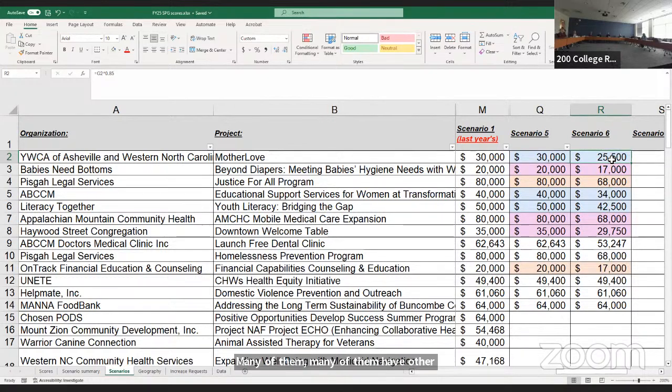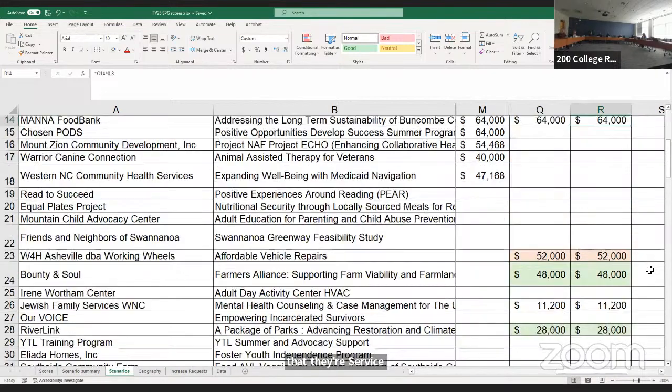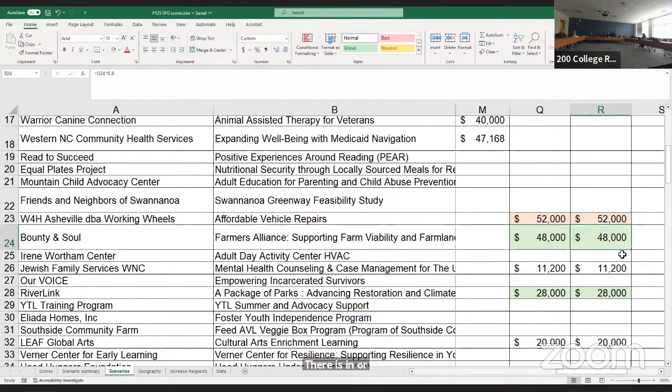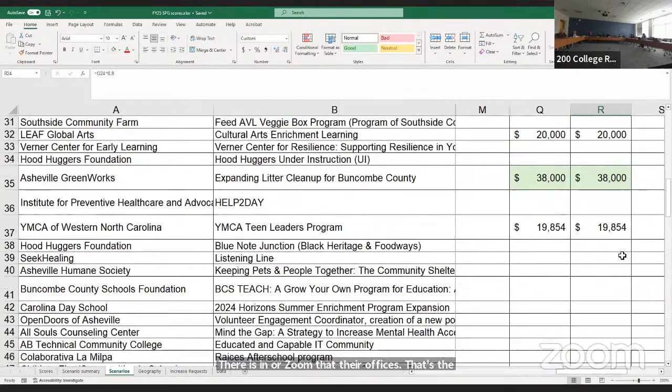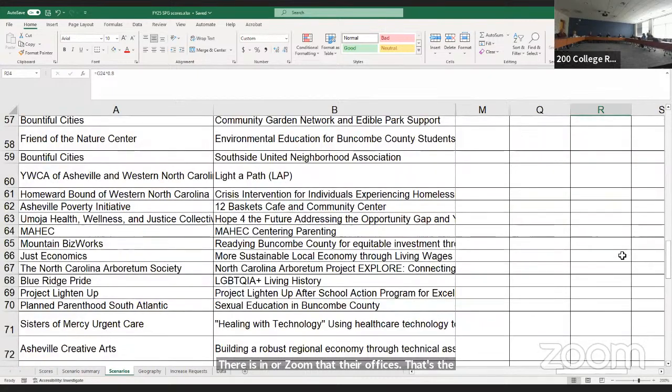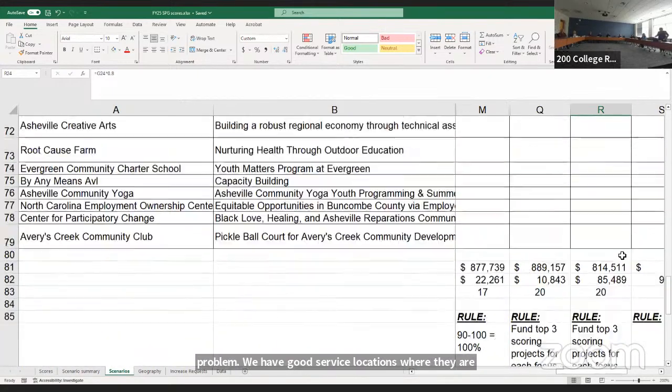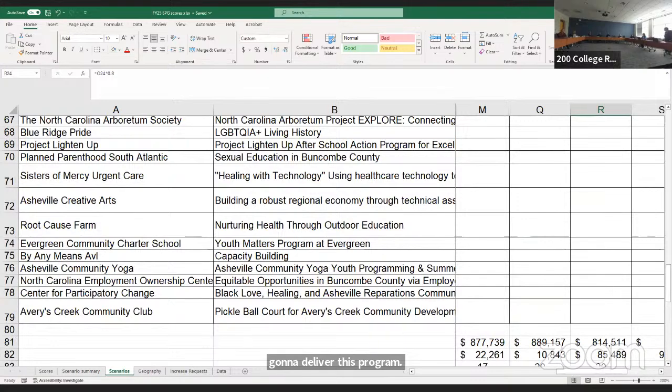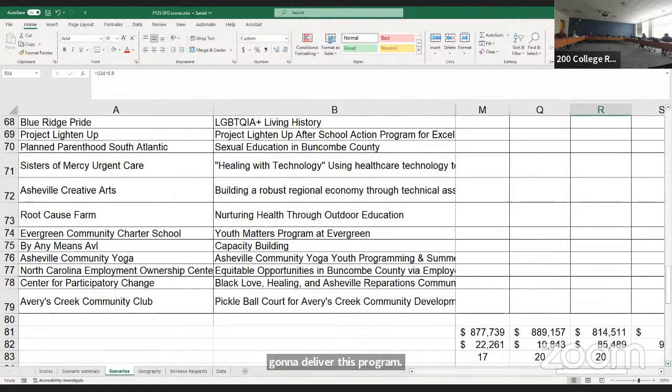So are we saying geography is about the zone their service area is in, or the zone that their office is in? That's the problem. We looked at service locations where they are gonna deliver this program or project. But there's a lot of ways to look at geography.